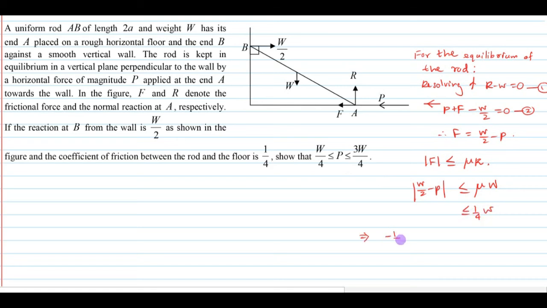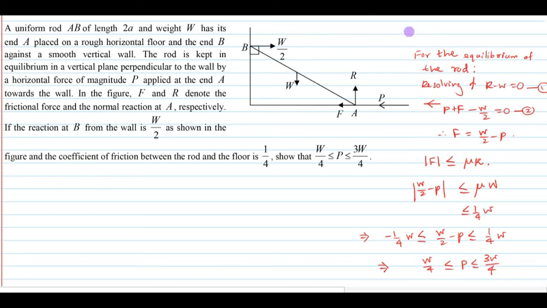That implies minus 1 over 4 W is less than or equal to W over 2 minus P, less than or equal to 1 over 4 W. Finally, we get the answer: W over 4 is less than or equal to P, less than or equal to 3W divided by 4.